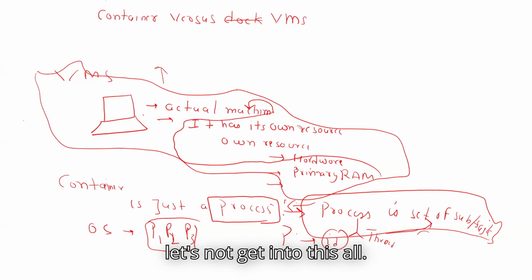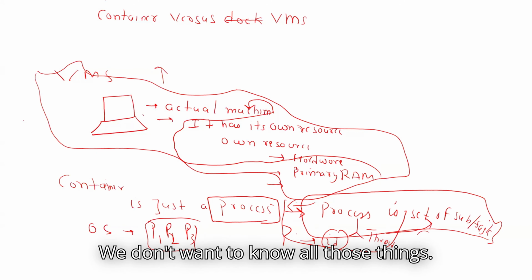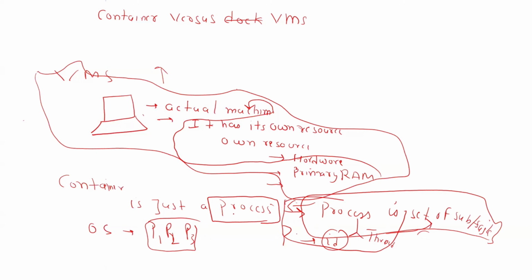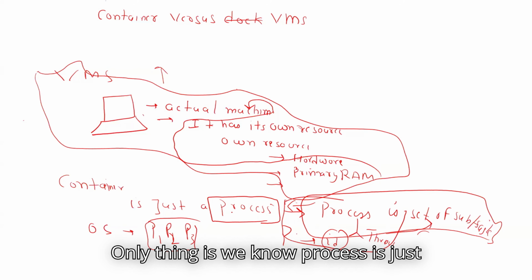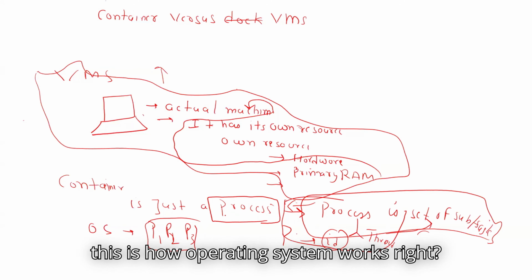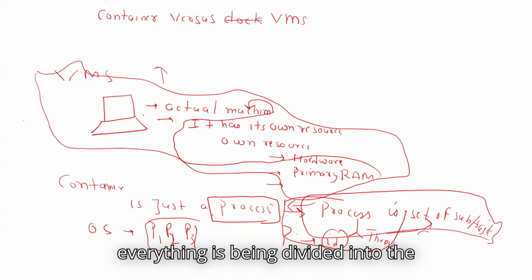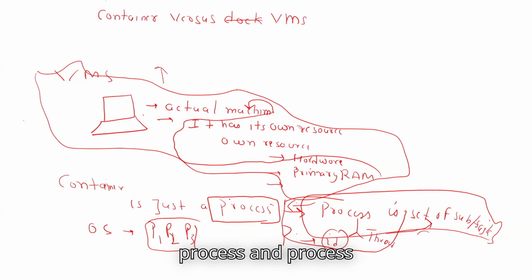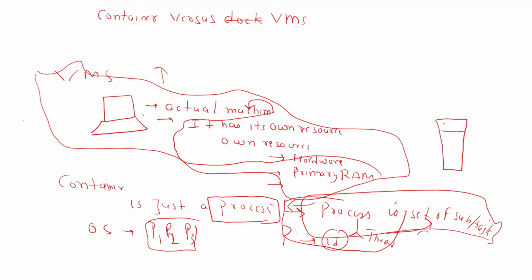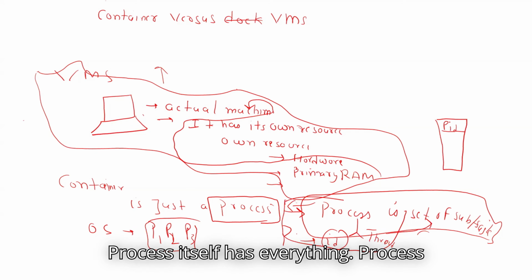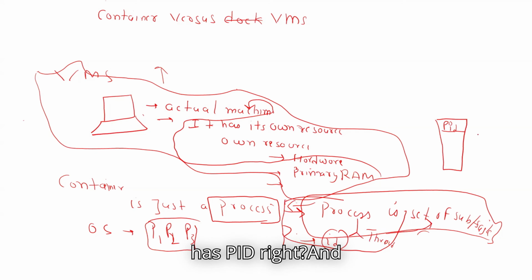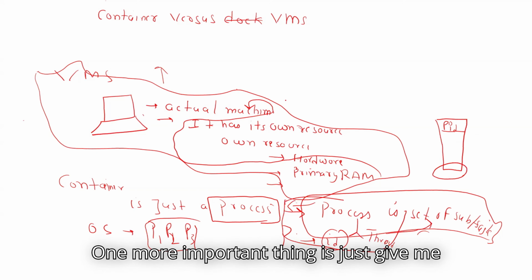Anyway, we don't need to get into all that. The only thing is, this is how an operating system works: every single task being done, or whatever is running, is divided into processes, and a process itself has everything. A process has a PID. And one more important thing, just give me a moment.